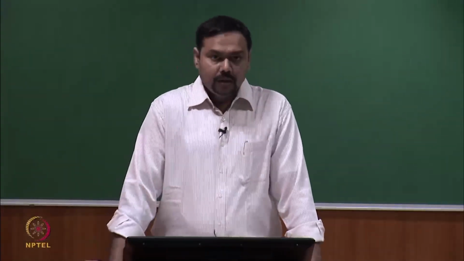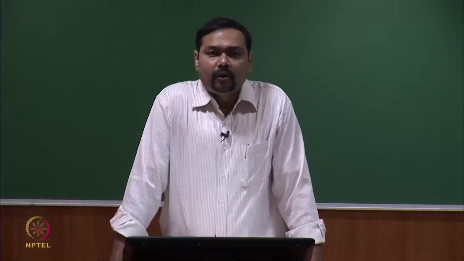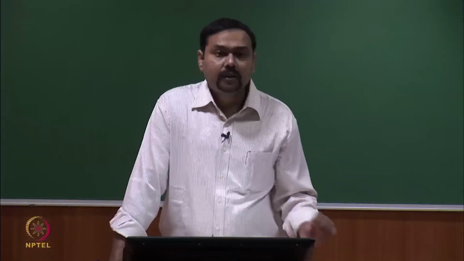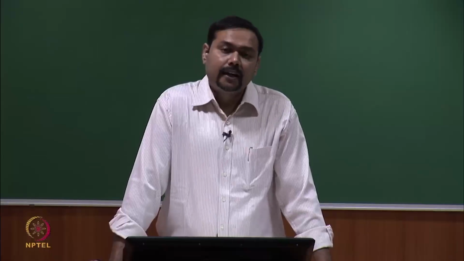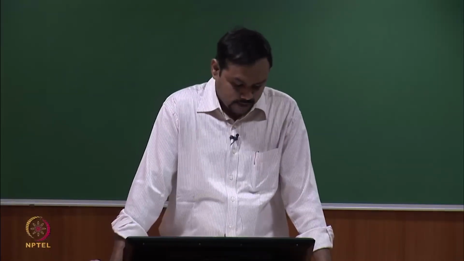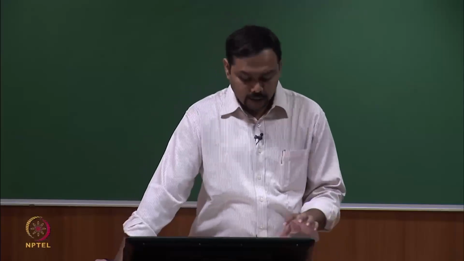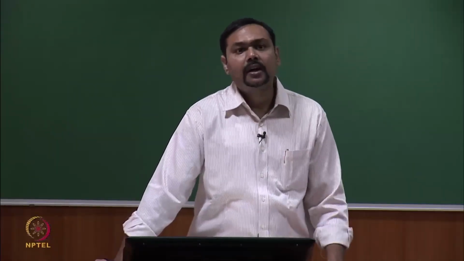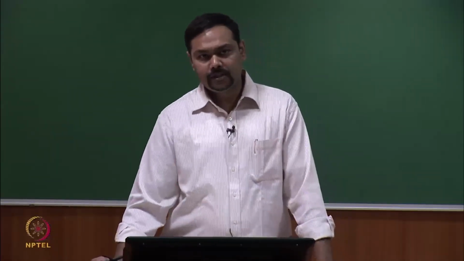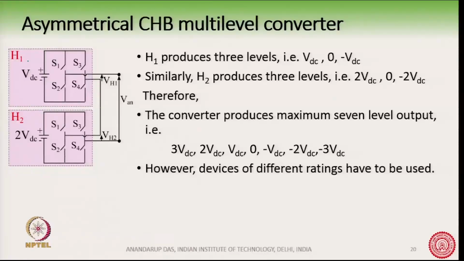Now, so far we have been talking about cells having identical rating or identical DC bus. What happens if we make the voltages unequal in the 2 H bridges? For example, we can make the voltage of H1 as VDC and that of H2 as 2 VDC.